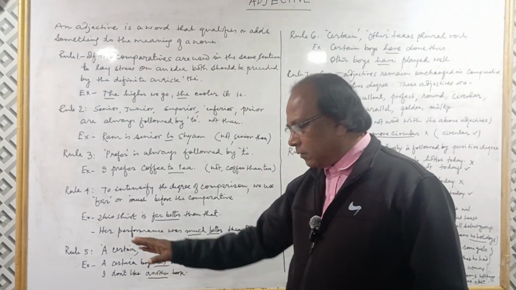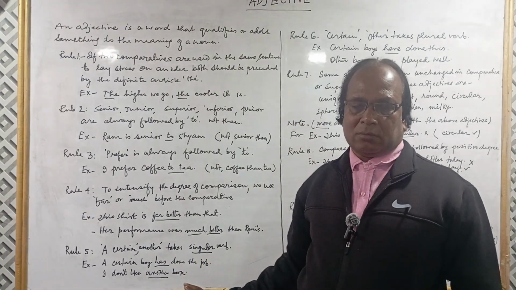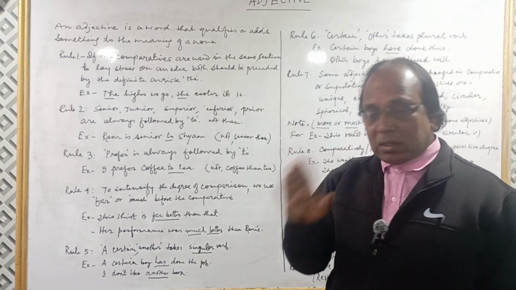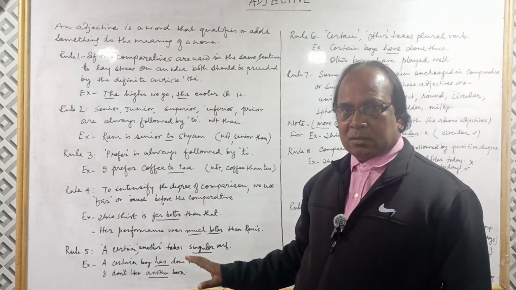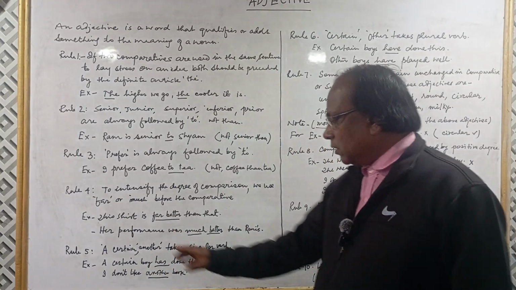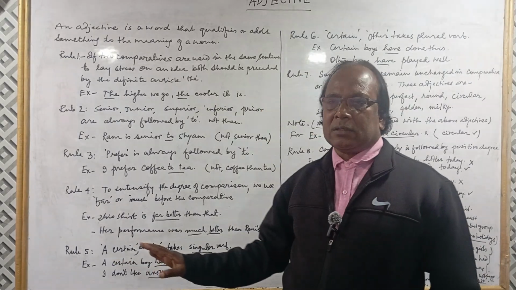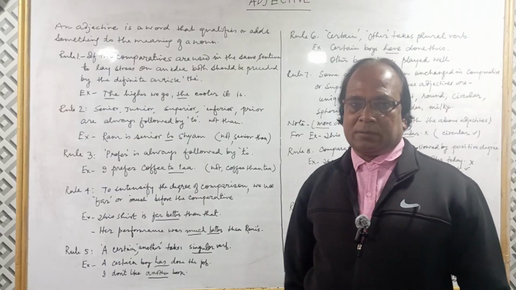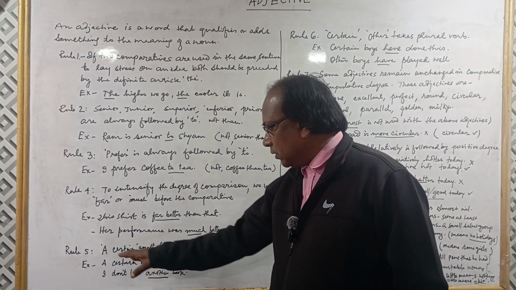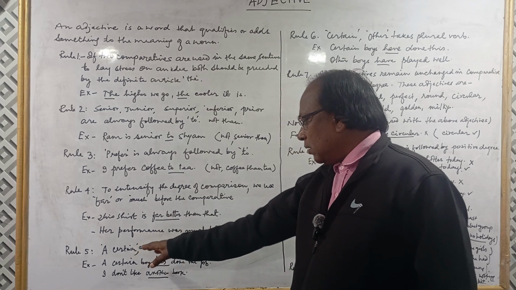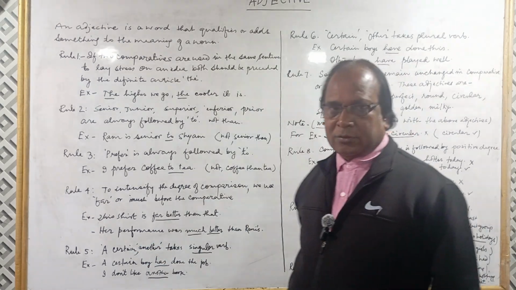So, another is singular. That's why book is also singular. If we write books here, the sentence will become incorrect. And if I write boys have, the sentence will be incorrect. So care must be taken while using a certain and another.